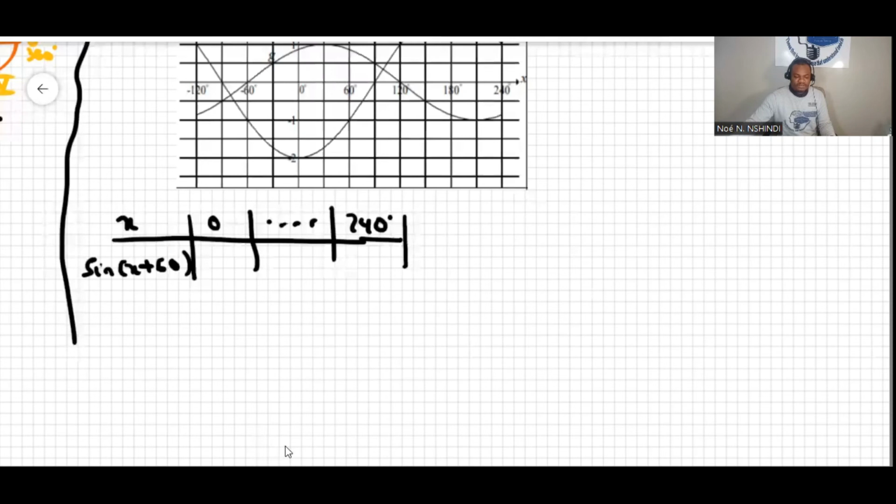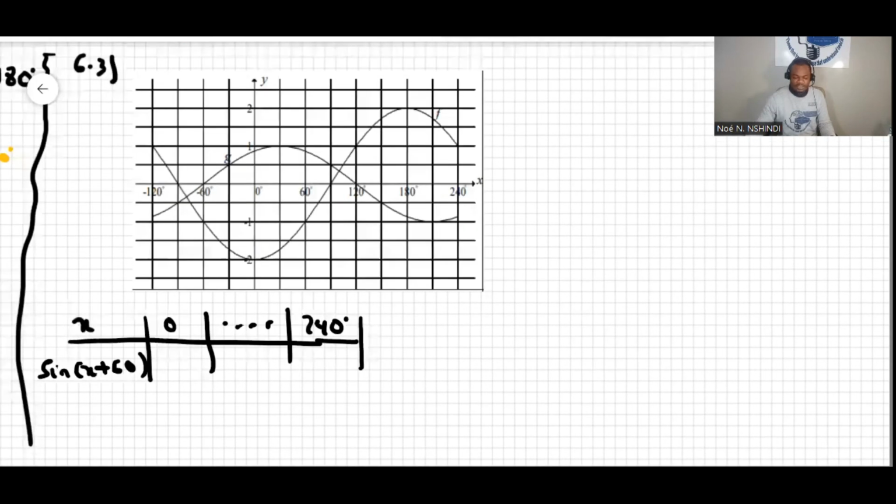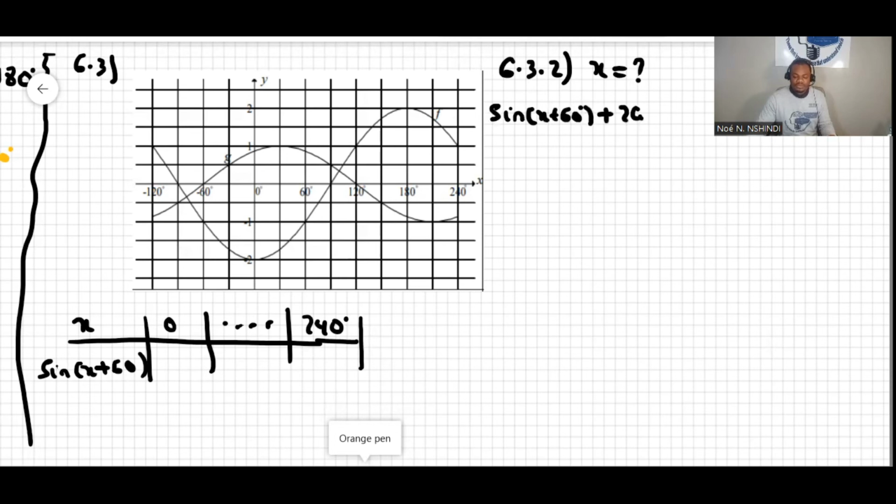Over here we are in the diagram. So now let's see. I'm going to write question 6.3.2. We're looking for the x values for which sine of x plus 60 degrees plus 2 cos x is greater than 0.